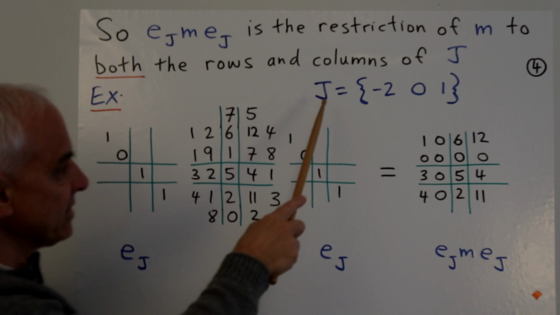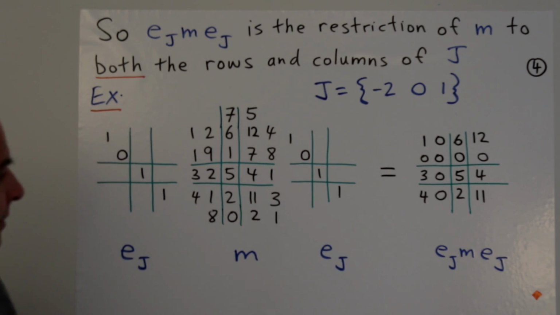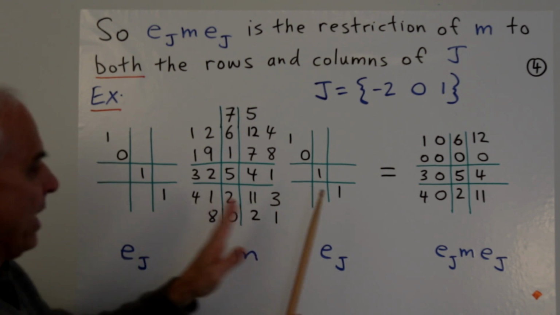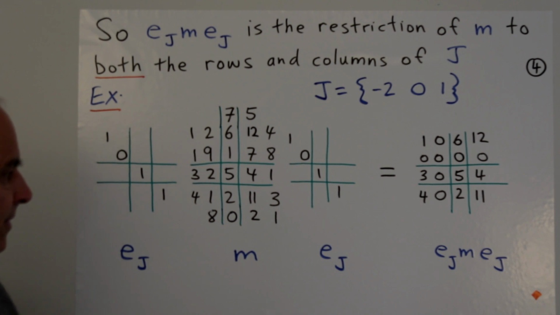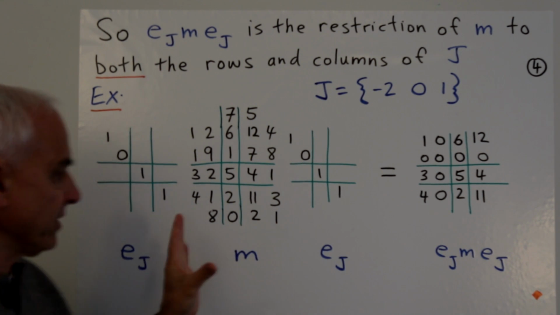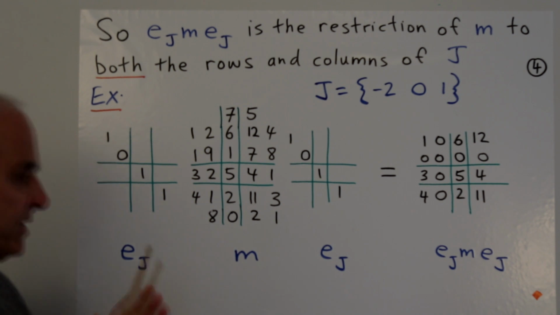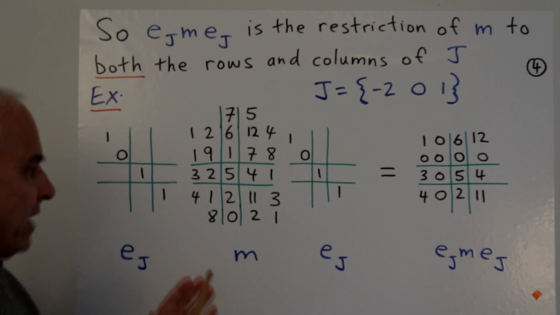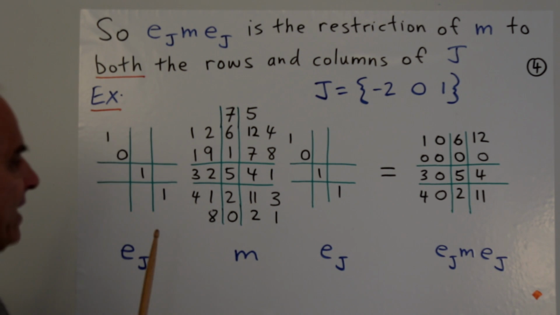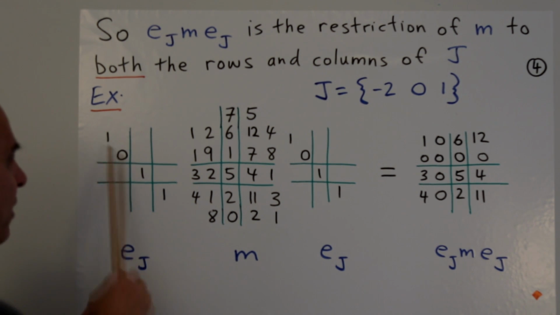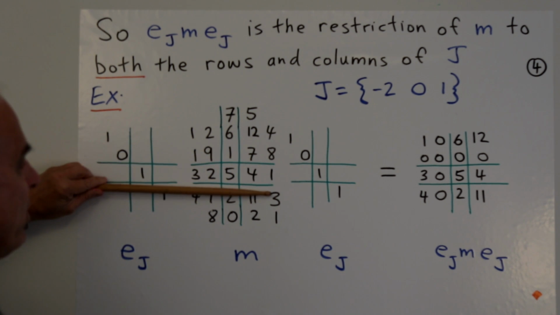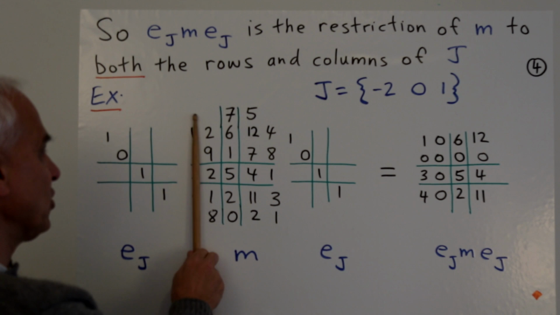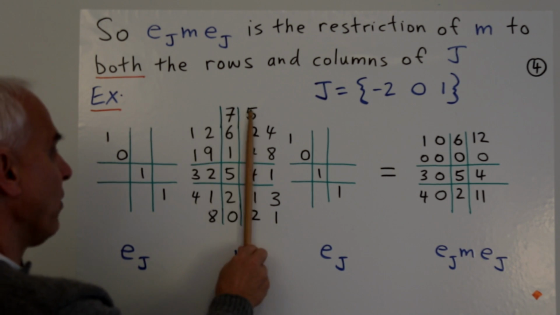So for example, if J is the same as before, minus 2, 0, 1, then E sub J looks like this, and here's E sub J as well. And suppose we take some arbitrary maxel M. We multiply by E sub J on the left and E sub J on the right. What do we get? Well, it's an excellent exercise to convince yourself that this is what you get, that we end up just looking at the rows and the columns associated to J. So the rows of J would be the minus 2 row, the 0 row, and the 1 row. And the columns of J would be the minus 2 column, the 0 column, and the 1 column.